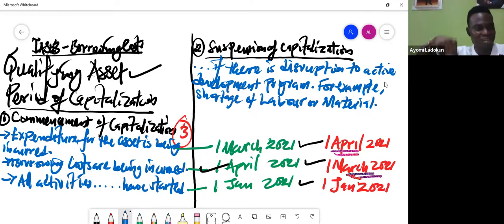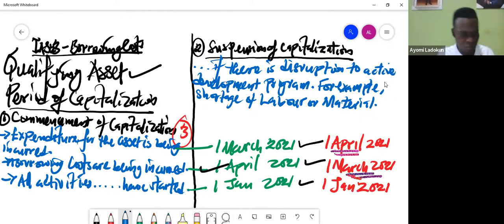That waiting time is necessary to get the asset ready. In that case, you will not suspend borrowing costs. Do you see the issue now? So if that waiting time is necessary, borrowing costs shall not be suspended. If the examiner wants to play around that, it's going to tell you and give you that kind of scenario. But once that disruption is not necessary, then you have to suspend borrowing costs. I'm going to show you in questions how to do all of that.